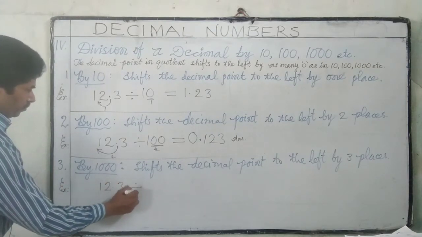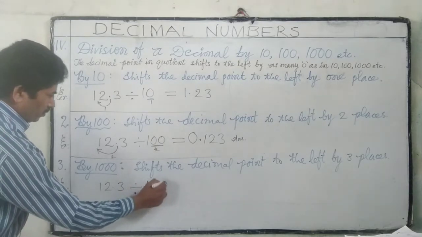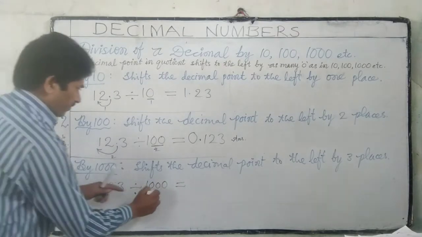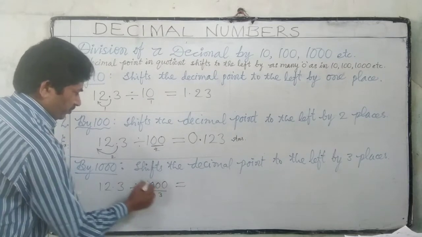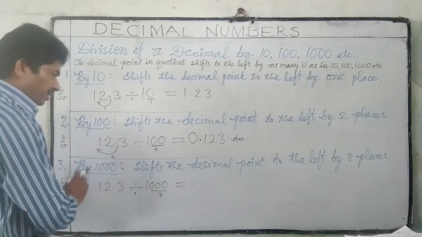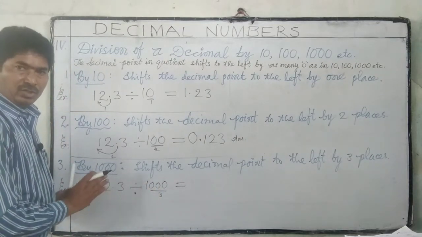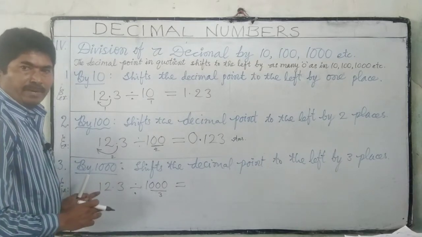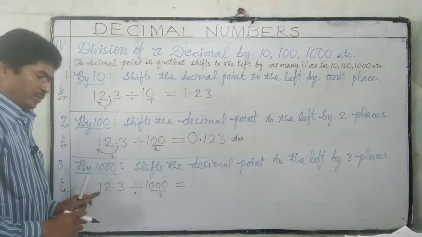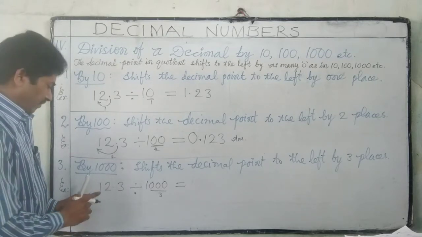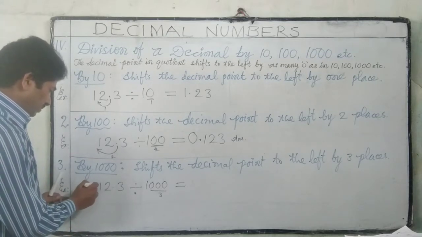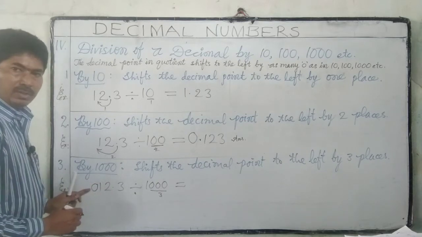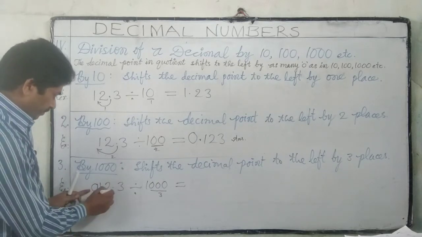$12.3. Here we have three zeros, so we shift the decimal point to the left by three places. 1, 2. Here there are not enough places to shift the decimal point, so we have to place as many zeros as needed.